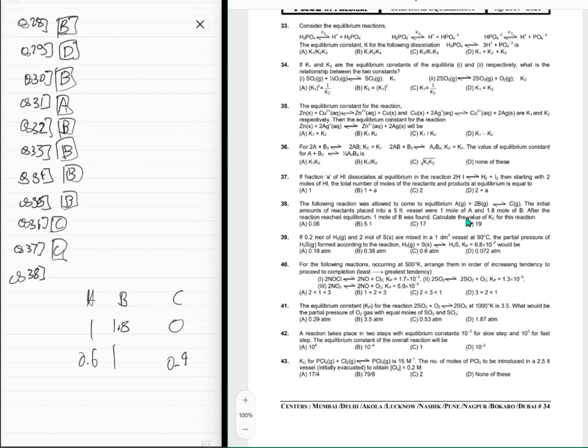Concentration of C upon concentration of B squared, which is 1, so don't worry about that, and concentration of A, which is 0.6. This is 4 upon 6, which is 2 upon 3. So 2 upon 3 is 0.06. Now that's not how it should be.